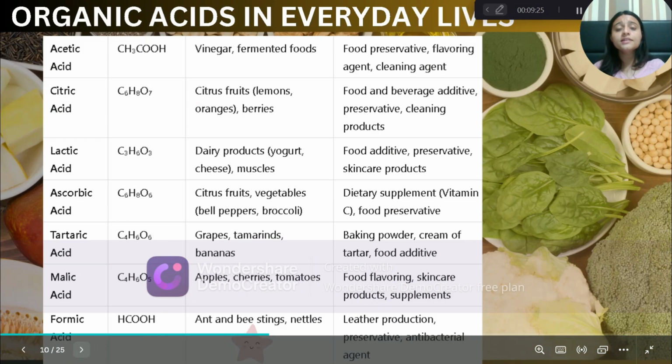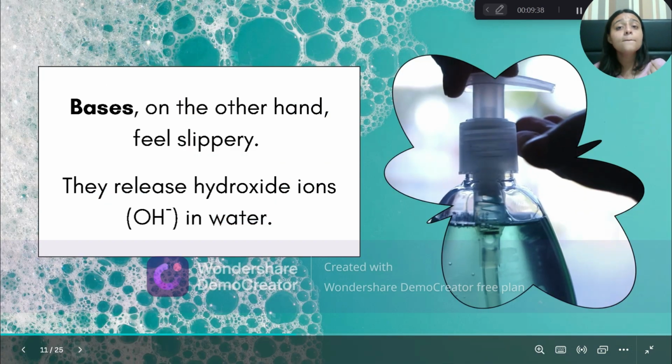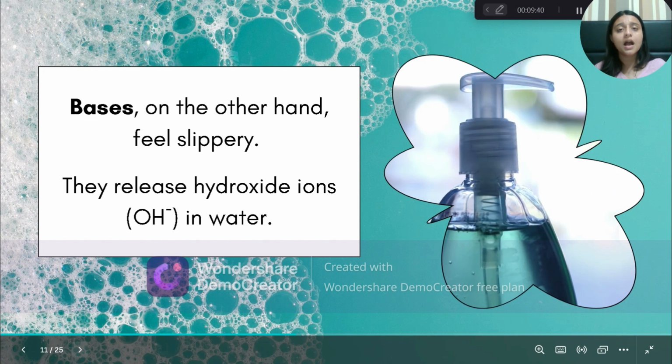They release hydroxide ions in water. As acids release H plus ions in water, bases release hydroxide ions, OH negative ions, when dissolved in water, and they are bitter in taste. Acids are sour in taste, but bases are a little bitter in taste. Bitter means kadwa.